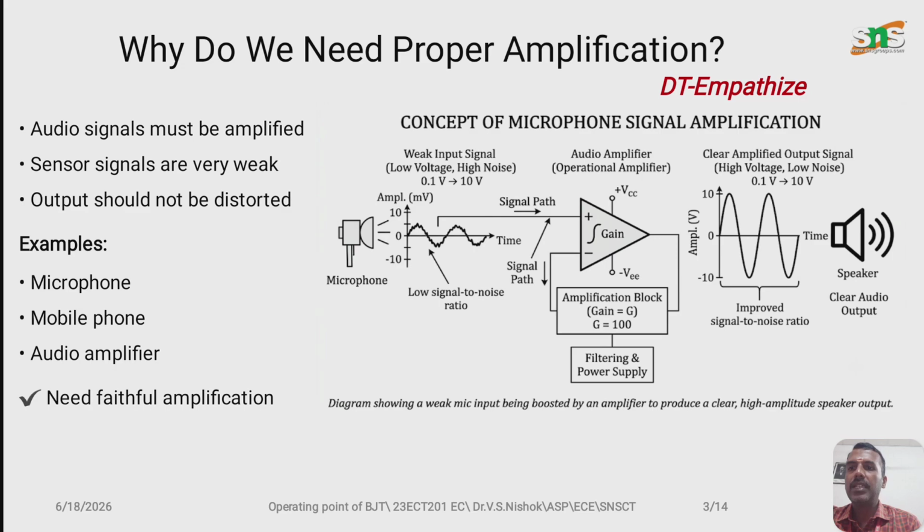So that is the main objective here. We need the faithful amplification without disturbing the original information of the input signal, so that we are improving the signal strength. That is much needed here.